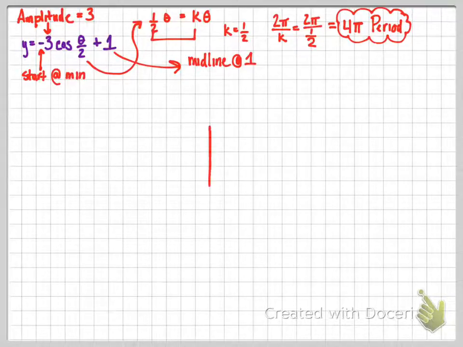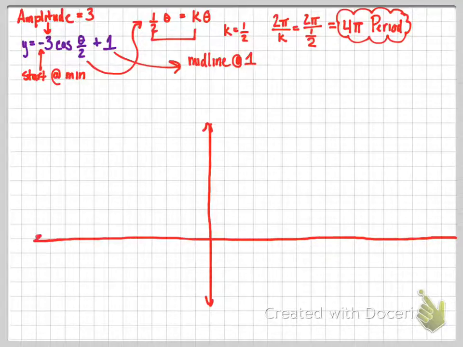So here we have the y-axis. I know we're going up to +1, but I need a little bit of space to mark all of the amplitude changes, so I'm going to do this just about in the middle. Okay, here is +1, 2, 3, 4, and then I'm going to go down 3 spaces in the other direction.